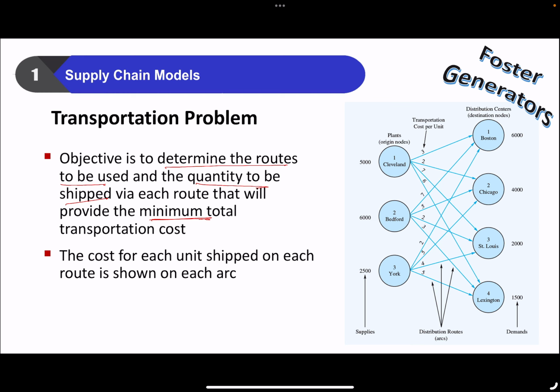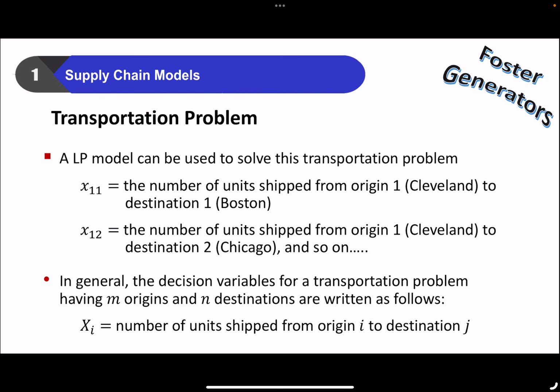The cost for each unit shipped is shown on each arc. Next, we want to construct our linear programming model. So how do we write the notation? If we have x11, it indicates that the first one is the plant or the origin.